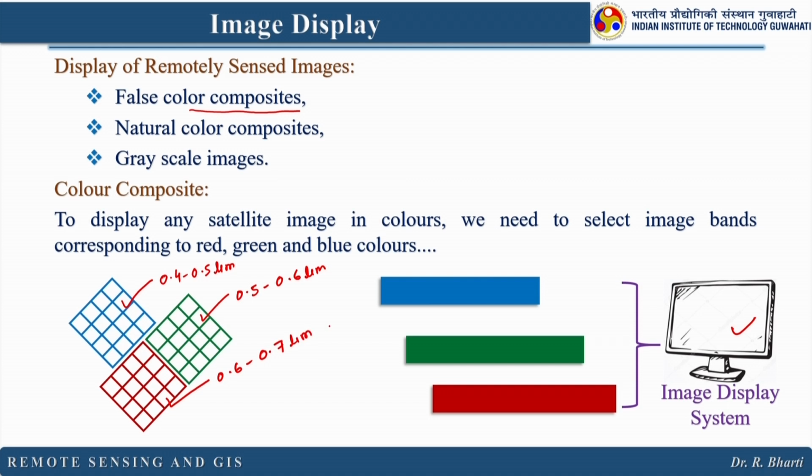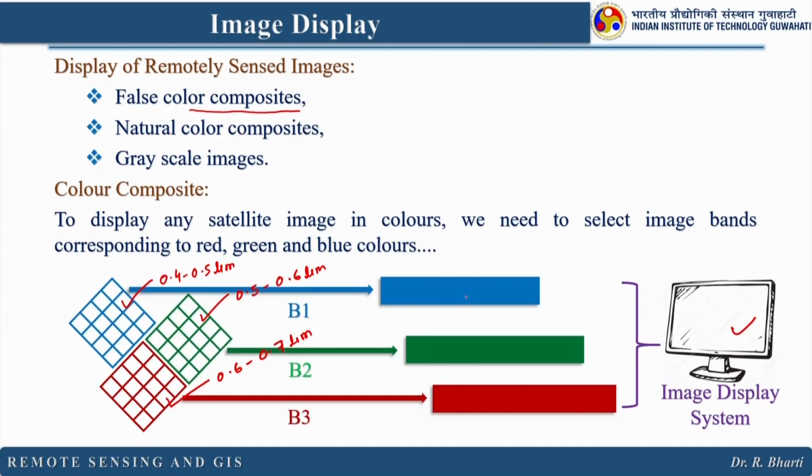Now you have three images captured by a satellite sensor, and you want to display them on our regular monitor, but as a color composite.